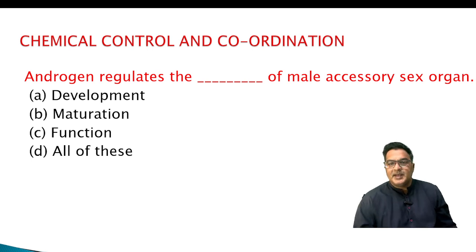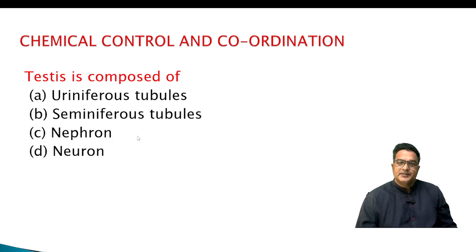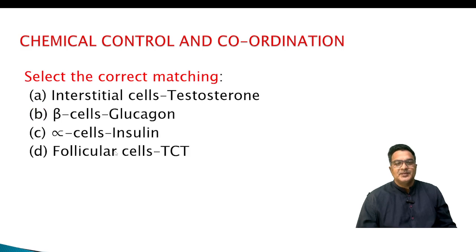Androgen regulates the dash of male accessory sex organ. Androgen regulates the development, maturation, function, all of these. Testis is composed of uriniferous tubule, seminiferous tubule, nephron, neuron. Testis is composed of seminiferous tubules.